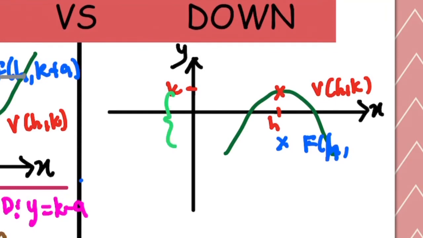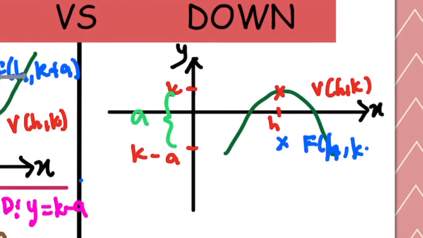Of course, it has changed because it has gone down by a distance of A. So when you go down from your point K here by A, your new point becomes K minus A.